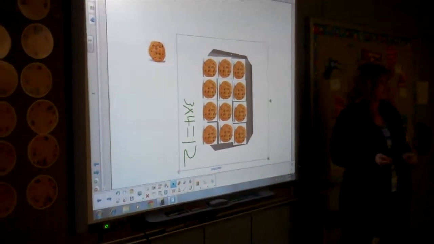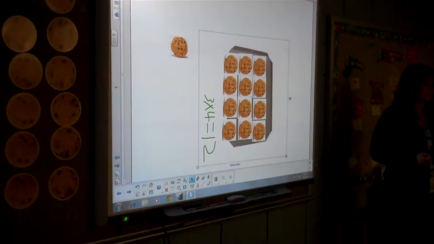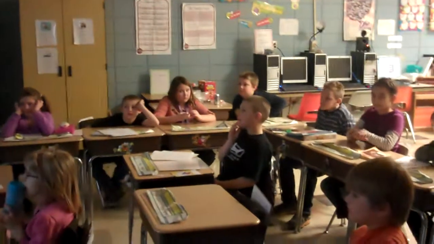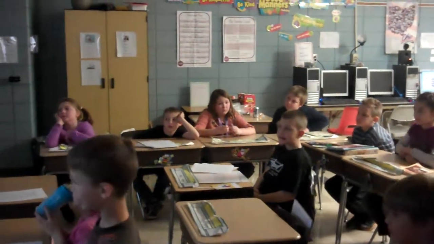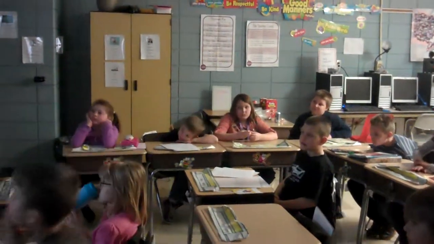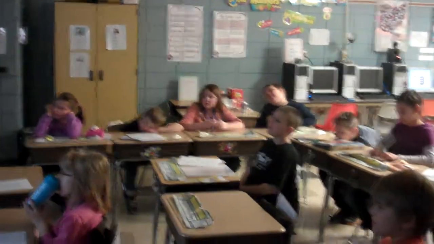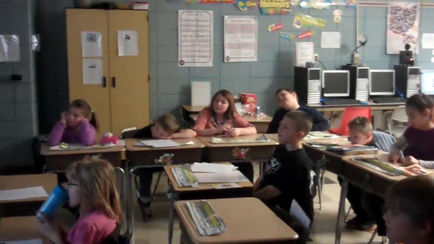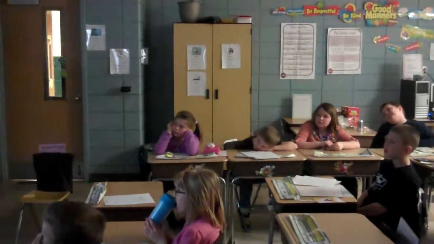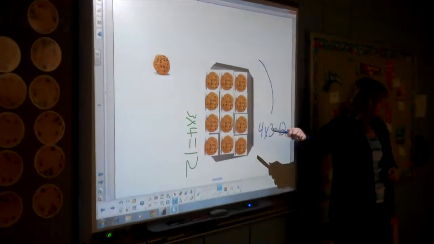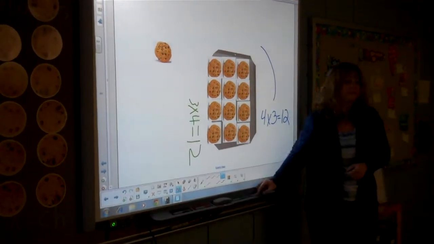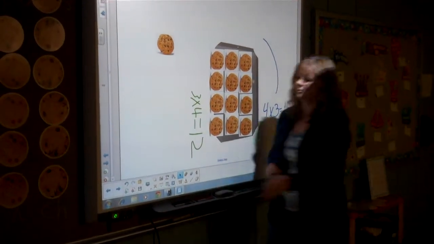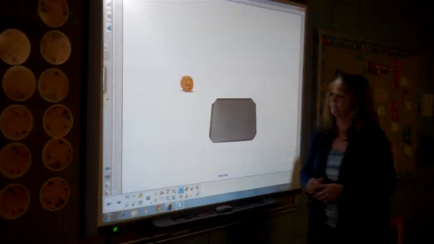Now what would our multiplication fact be, Isaac? 3 times 4. Do we have 3 rows now? I think that's what we had before. 3 times 4. Look. 4 times. Oh, that worked. 4 times 3. Same cookies, right? Same amount of cookies. We didn't get rid of any. We didn't gain any.